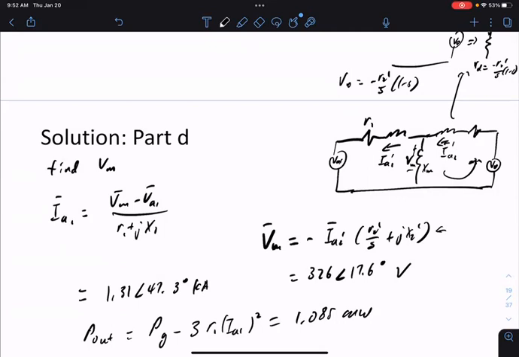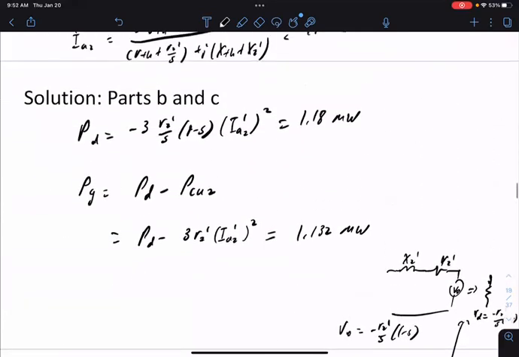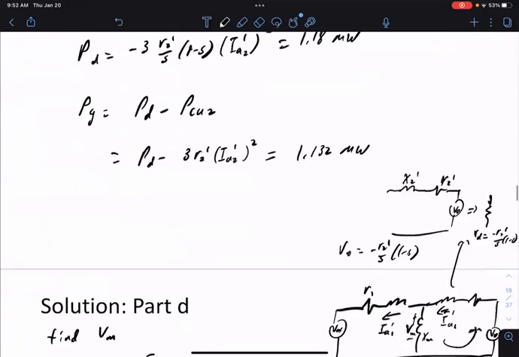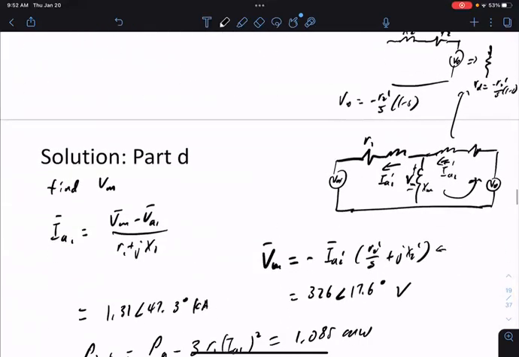Any other questions for this example? Okay. So for every other part of this question, look at which equation to apply. Sometimes it's not obvious, but just remember basic circuit theory.